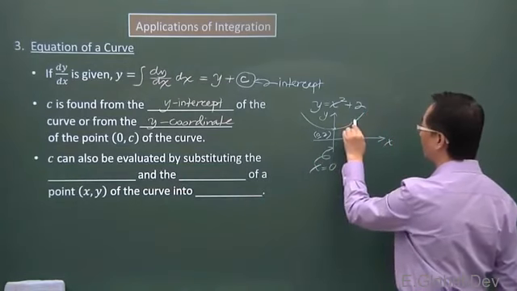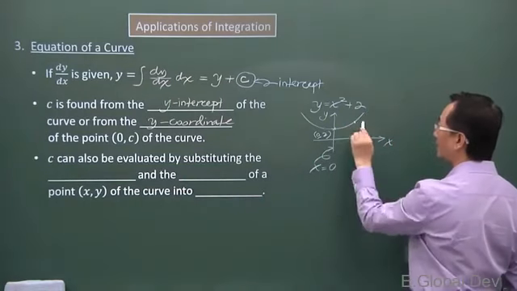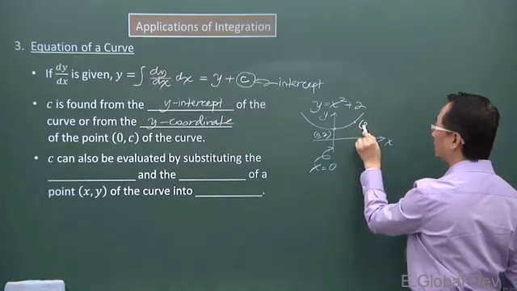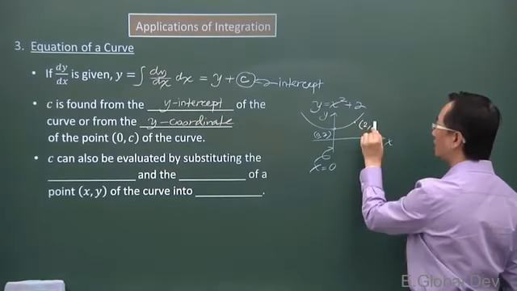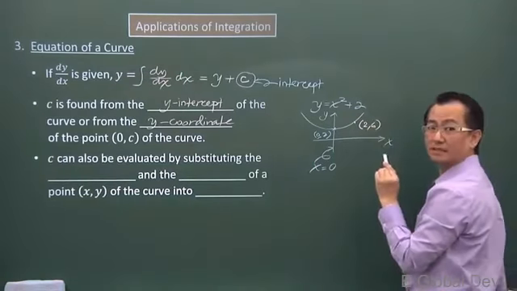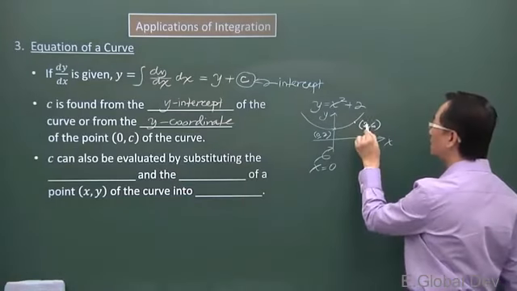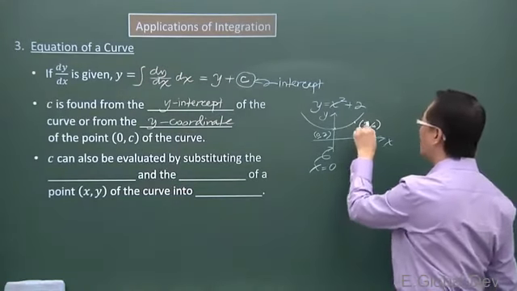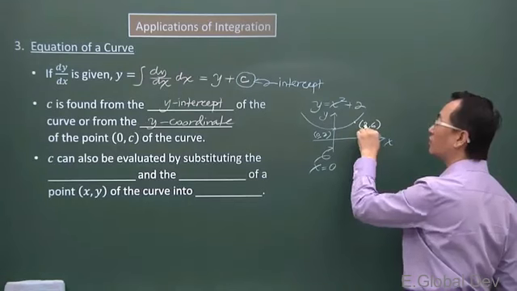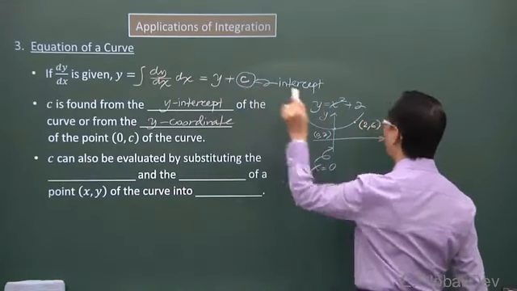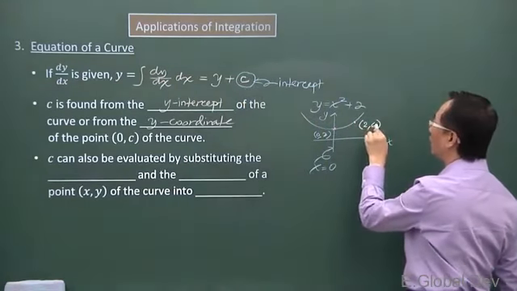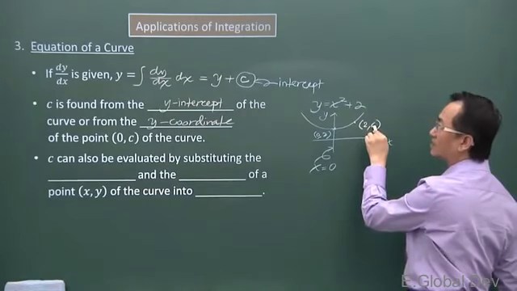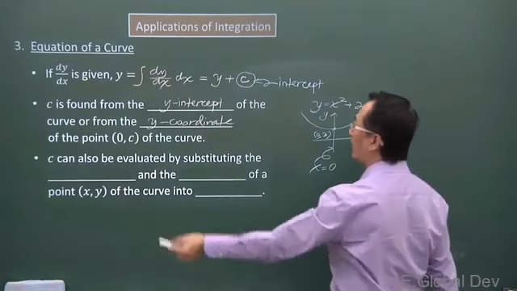Supposing you know this point here, and this point is 2, 6. Then you would use this information and plug x equals 2 right into the expression there, and plug y equals 6 right into it.